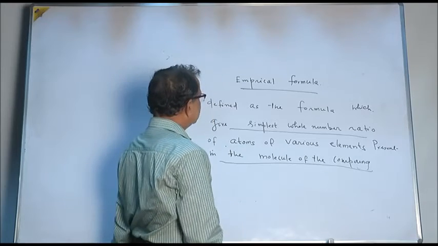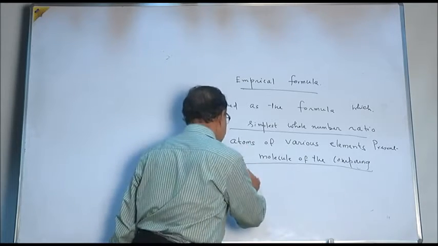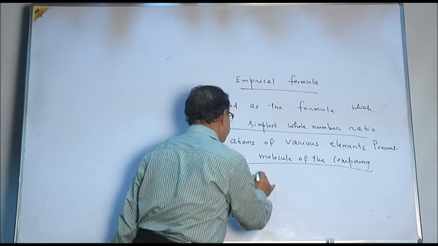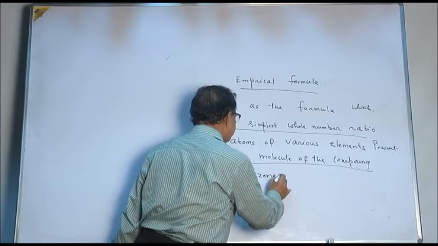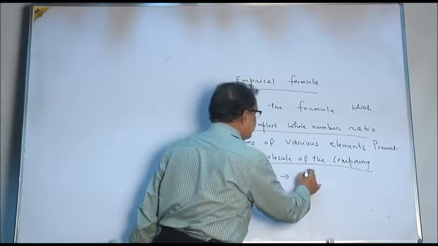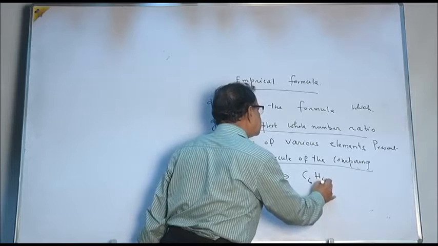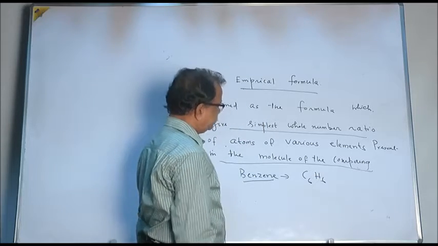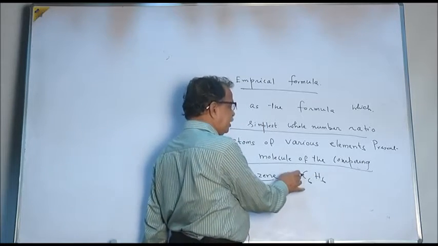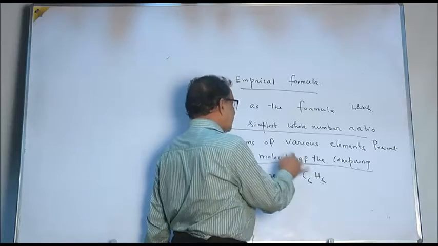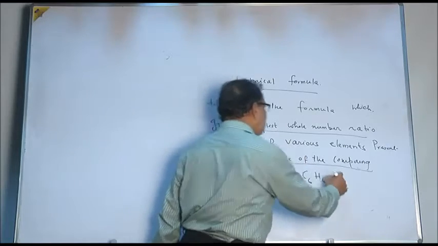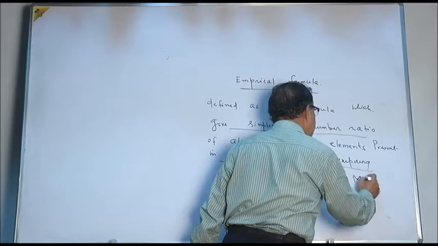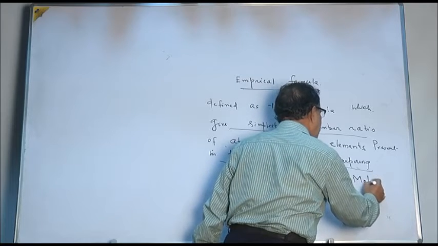Let us see benzene. Its molecular formula is C6H6: 6 carbon and 6 hydrogen.